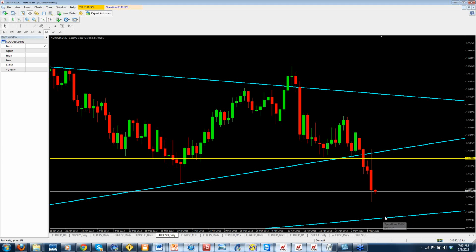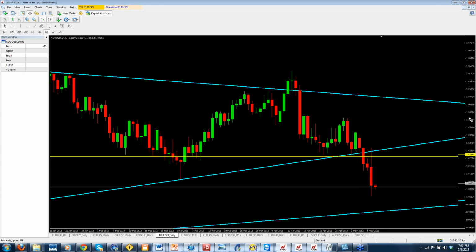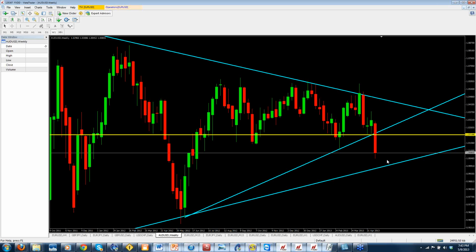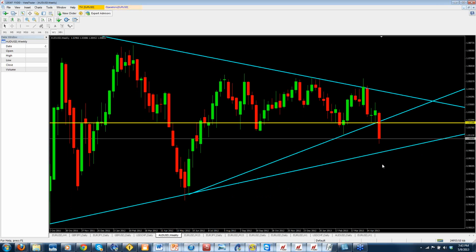So we may see it move down to parity, and then we'll have to make a decision from there. But there's definitely room for us to see price move down to this area, and then see what the market decides to do from there. Okay.